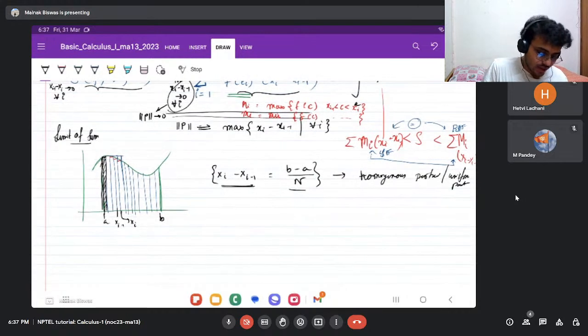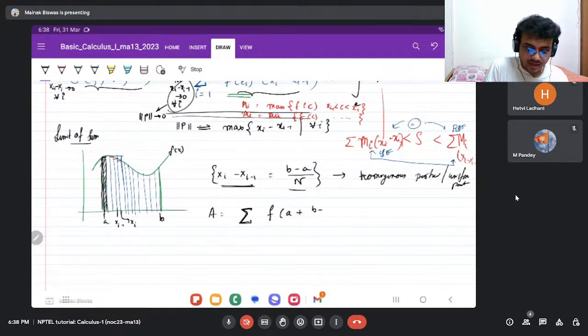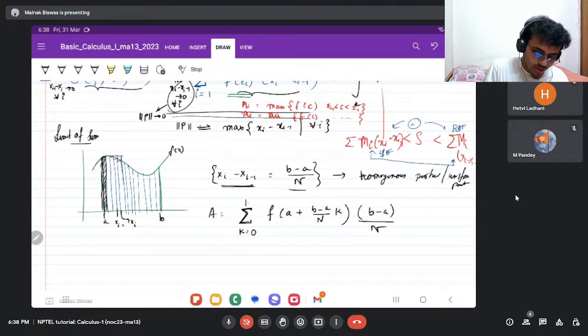So the area, you would agree, the proxy for your area will be, if this is f of x, f of a plus (b minus a) by n times k, into (b minus a) by n. Now I think people will have a confusion. So k will go up to n minus 1. Agreed?